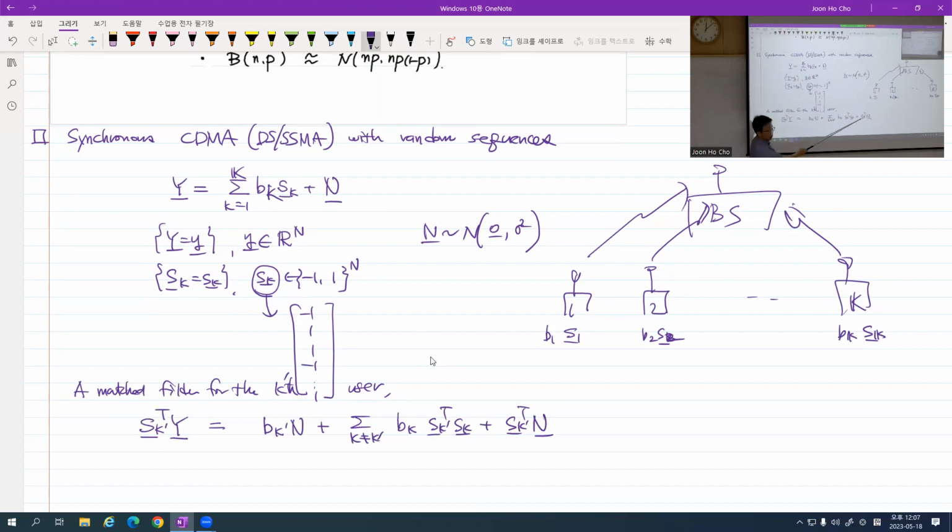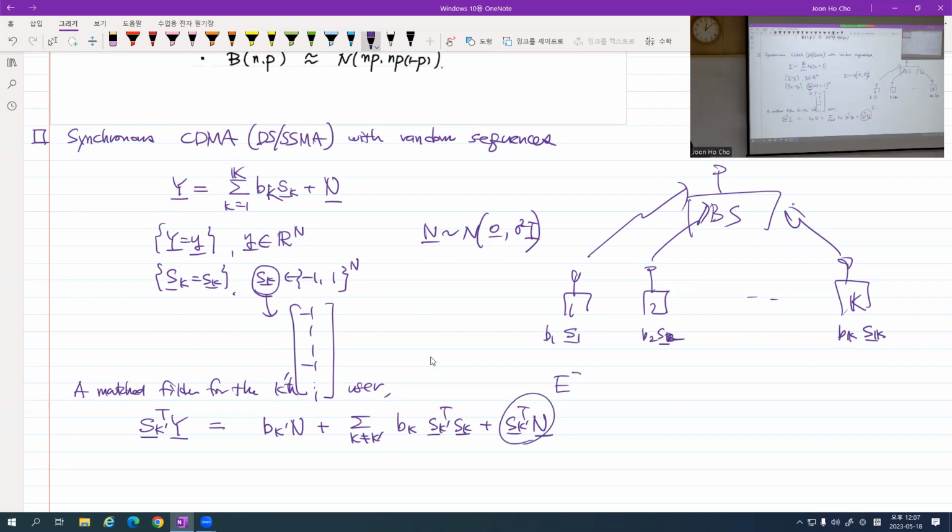What is this one, by the way? You have IID Gaussian random variables multiplied by 1 or minus 1. Since the mean is 0, this is again a Gaussian random variable. So this is Gaussian.